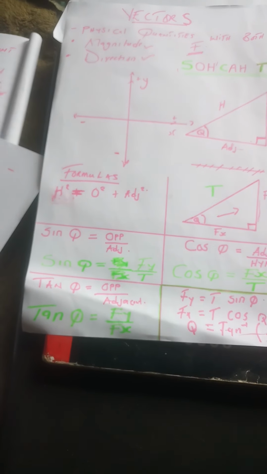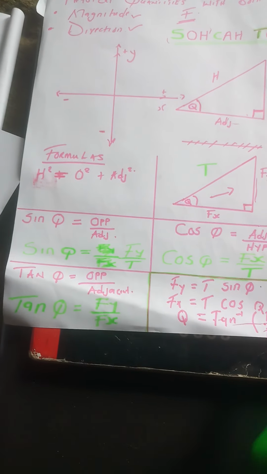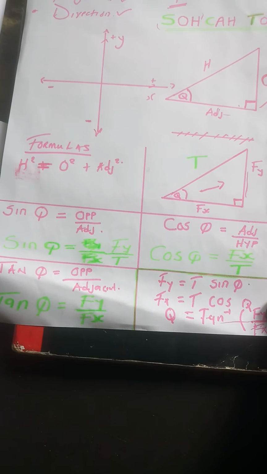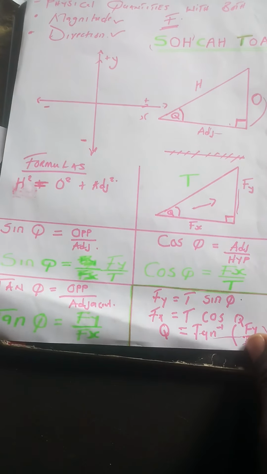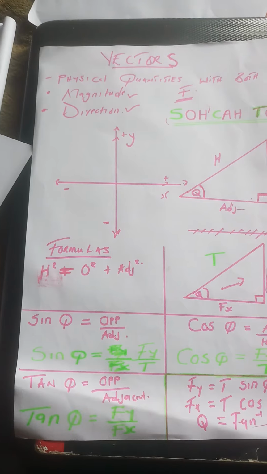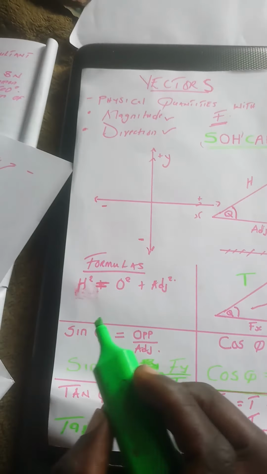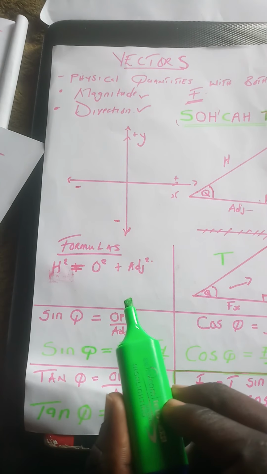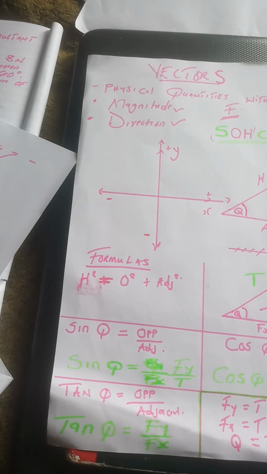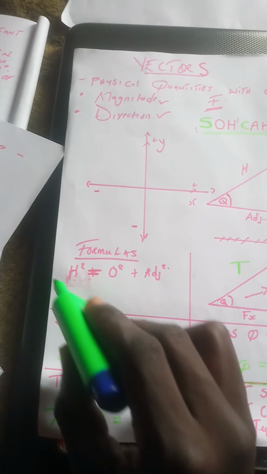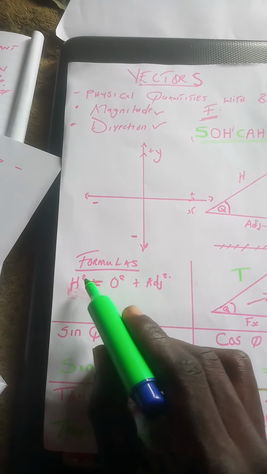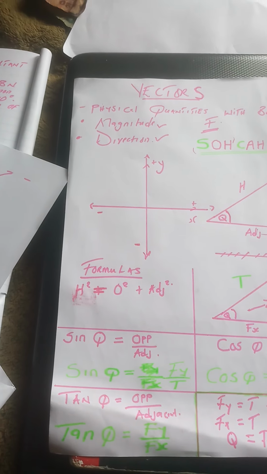So now to find the magnitude, since these first two formulas only help us find the components of the resultant force, the y and x components. To find the actual magnitude of the resultant force, we use the Pythagoras theorem formula, which is h squared is equal to opposite squared plus adjacent squared. In the end, to find the hypotenuse, we have to get rid of the square and introduce the square root on this side.